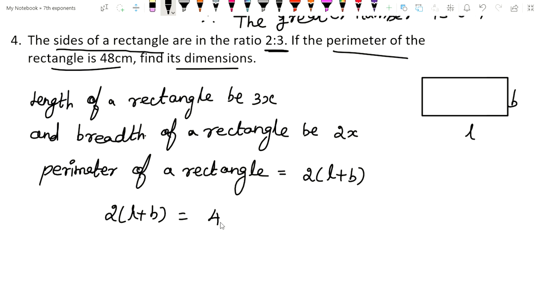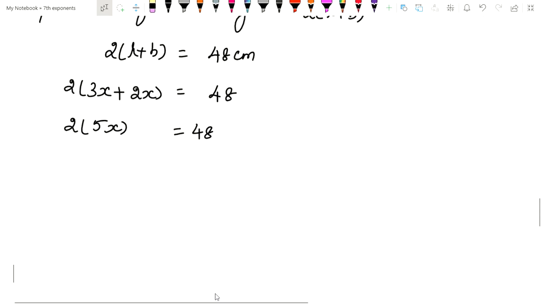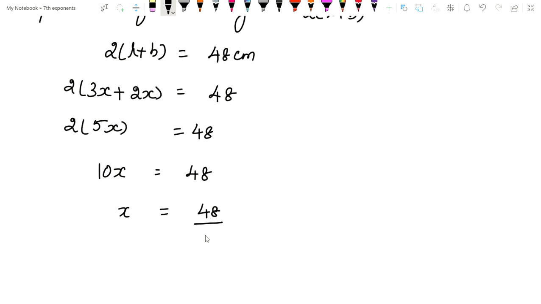Perimeter is 48 centimeter. 2 into, here L value 3x plus breadth 2x equals 48. 2 into 3x plus 2x, what will you get? 5x equals 48. So 2 into 5, 2 5s are 10x. 10x equals 48. X equals 48 by 10.